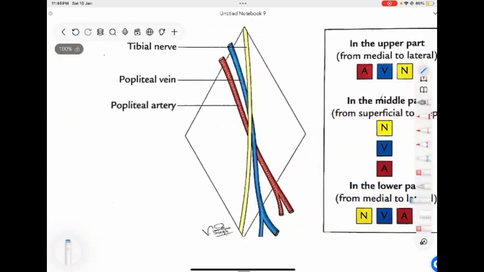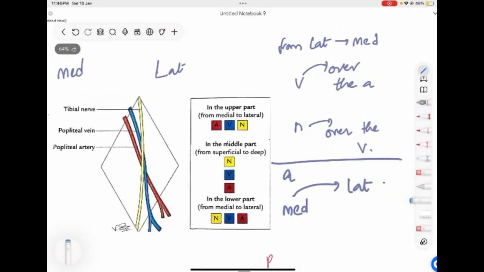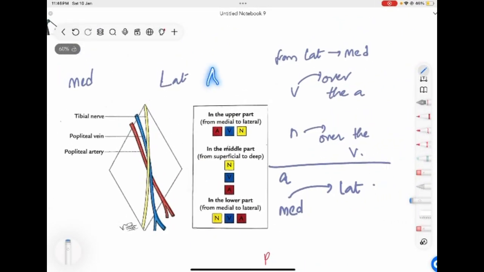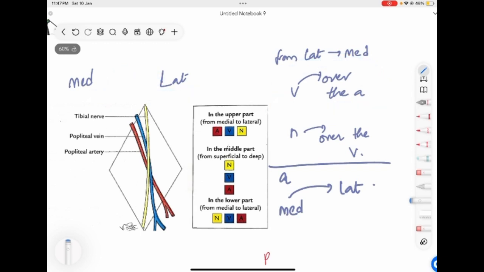Now let us talk about how they are arranged in the popliteal fossa, the three avians, which is artery, vein, and nerve. So how are they arranged? The artery traverses from medial side to lateral side, and the vein traverses over the artery from lateral to medial.